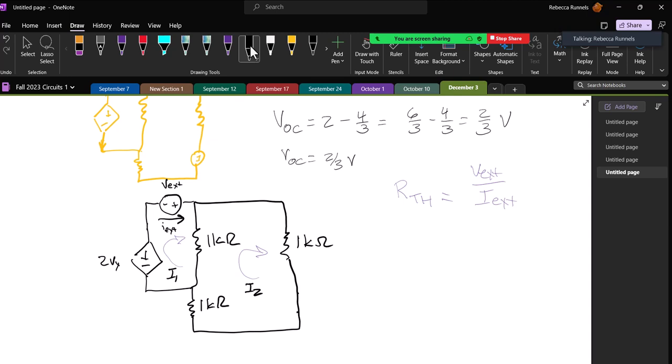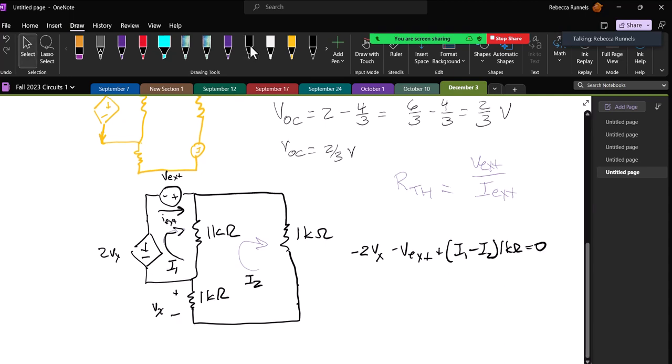And as I do my mesh for I1, as I go into the negative terminal of the dependent source, oh, and by the way, this was Vx right here. Okay, so as I go into the negative side, I'll write negative 2Vx, and then I go into the negative side of my external source, minus V external, and then plus, here I have a shared resistor, so that'll be I1 minus I2 times 1 kilo ohm equals 0.